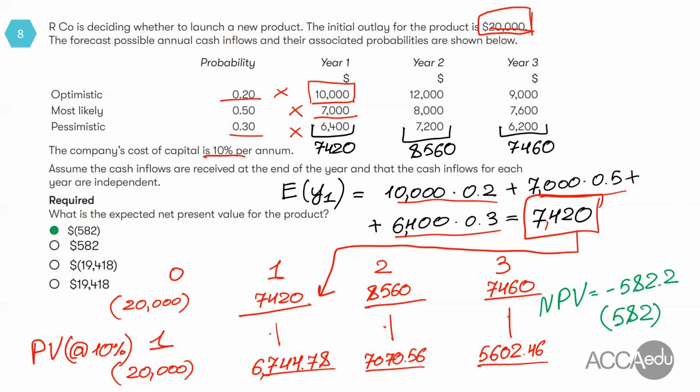So our NPV is the sum of all of these present values. As we can see, cash inflows are actually less than the cash outflow by $582. Minus, so that's why it's in brackets. So this is the answer, A.